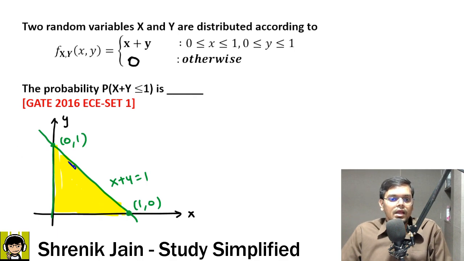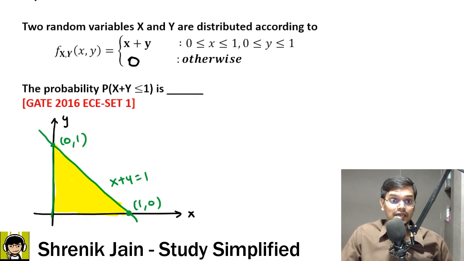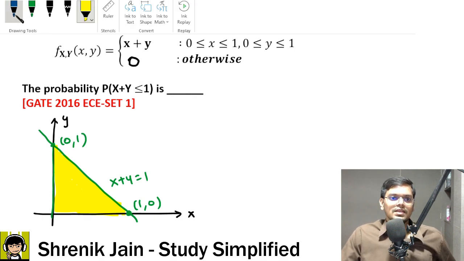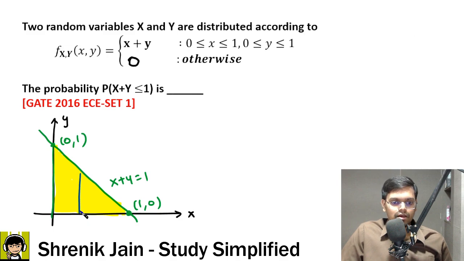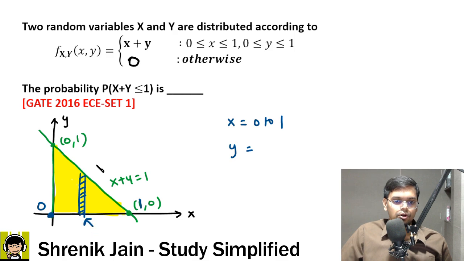You can also re-verify by taking the corner points and substituting to see whether they satisfy the condition or not. If it is satisfying, then tell me how to find the limits now. So take a vertical strip. In a vertical strip x is constant, x is going from 0 to 1. And y is going from lower limit to upper limit.